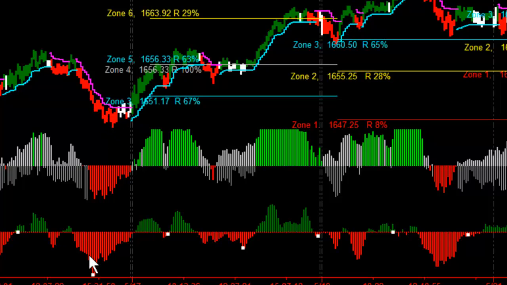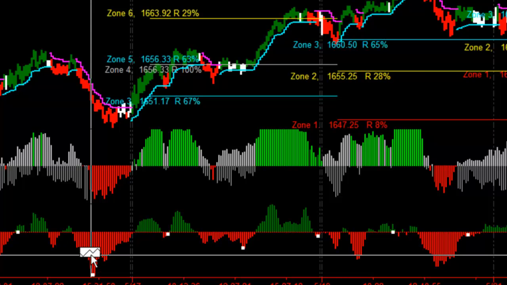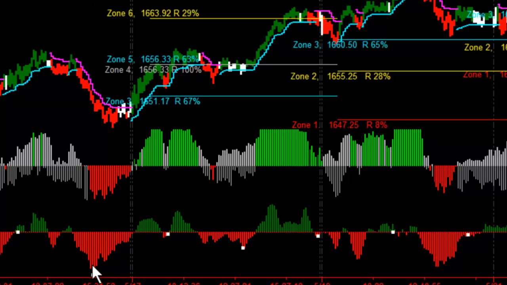So at this point in time, the bears were beginning to cover their shorts, and the bulls were beginning to buy. And so we see a nice divergence between these two valleys here and those two valleys there. So it's a good indicator that gives me an idea as to when the bulls or the bears are in control.